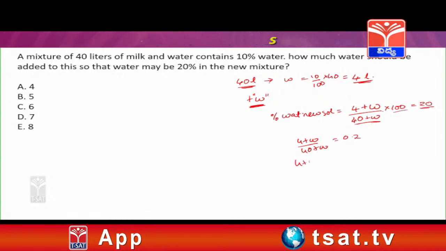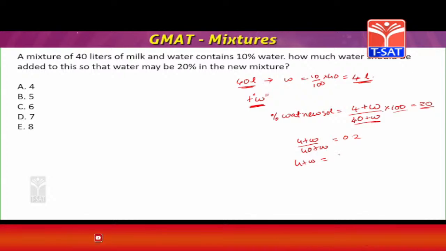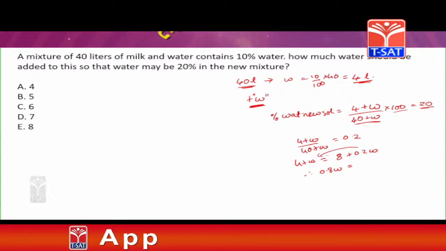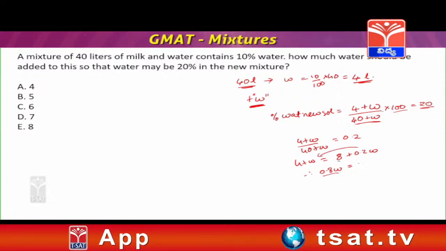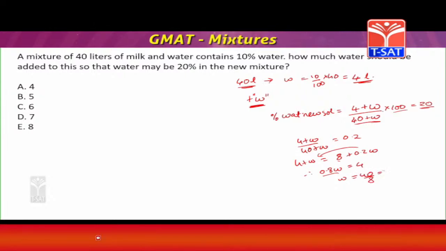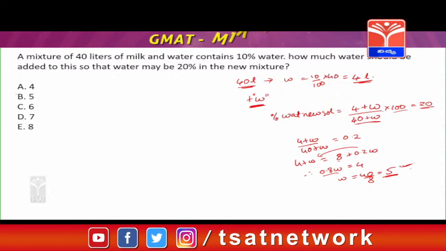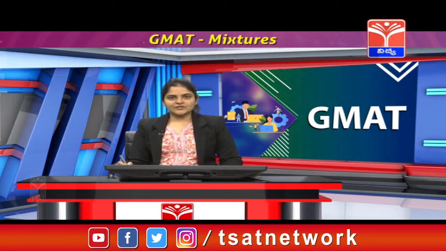So, you have 4 plus W is equals to 40 into 0.2 is 8 plus 0.2 W, therefore, 0.8 W is equals to, taking 0.2 W we have 0.8 W, and taking 4 on this side you will have 4. So, W is equals to 4 by 0.8, which is equals to 5. The volume of water that you are adding will be 5 liters. Answer is option B. Let us move to the next question now.